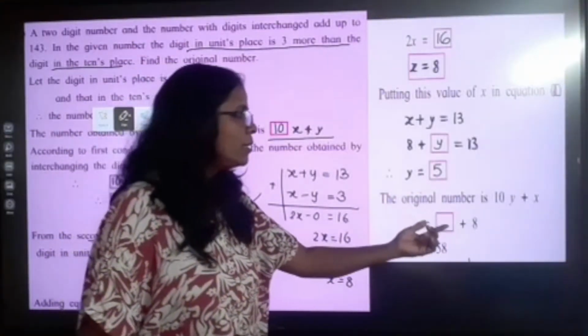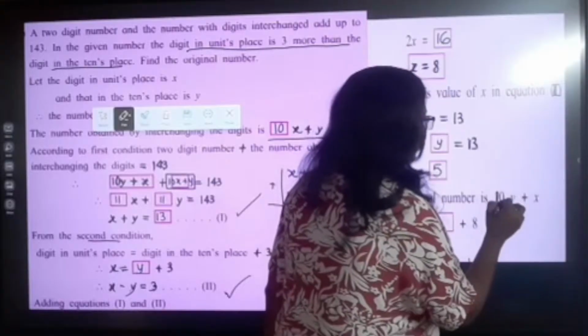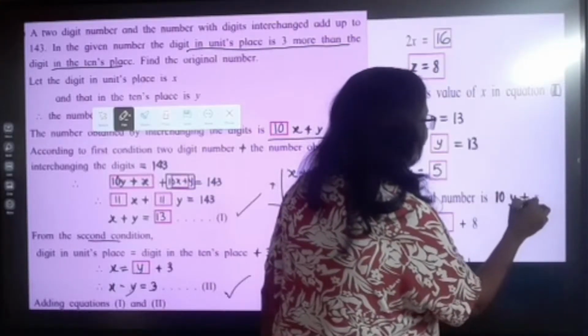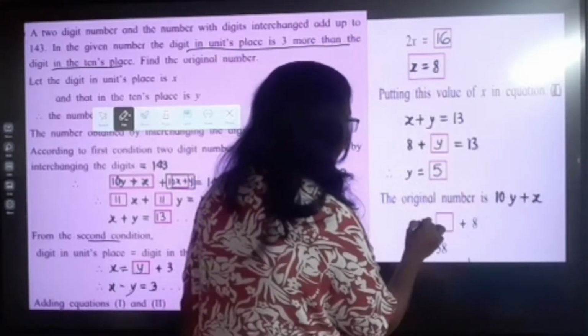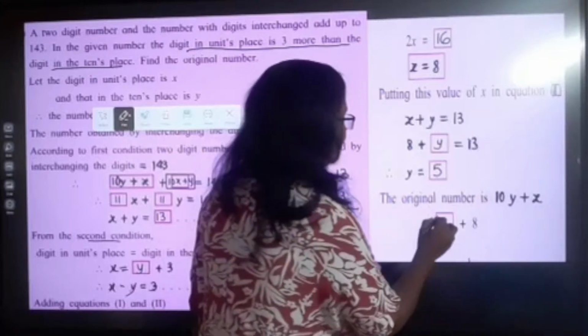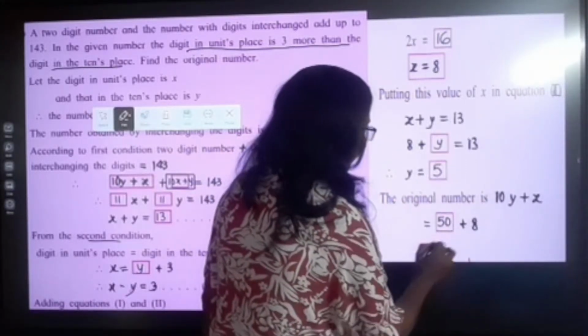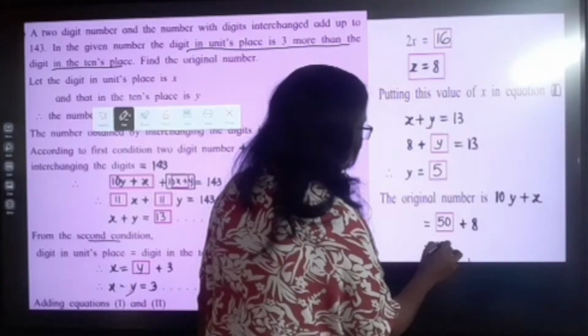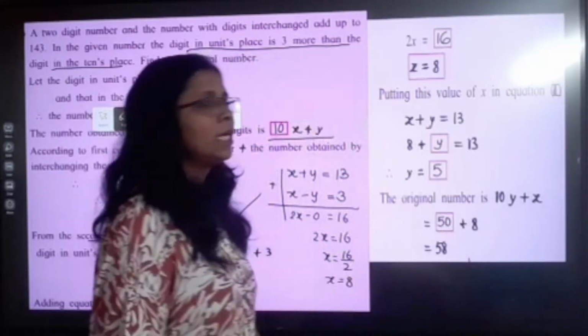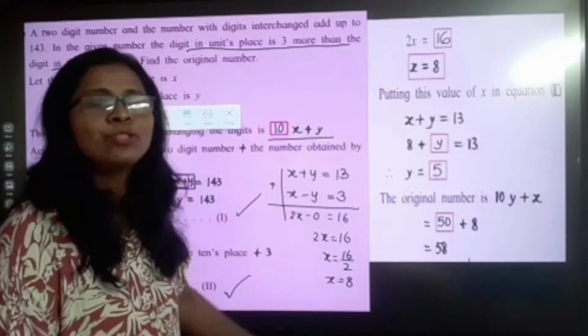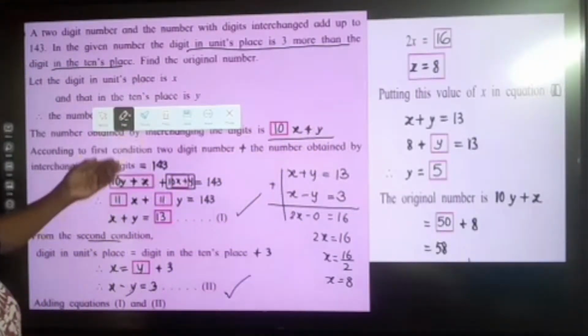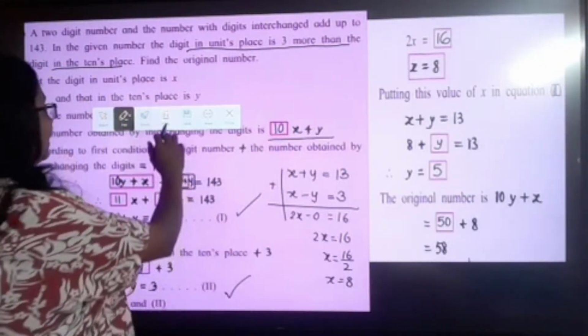So the original number is 10y plus x, that means 50 plus 8, that means 58. So our original number is 58. In such a way you can solve it.